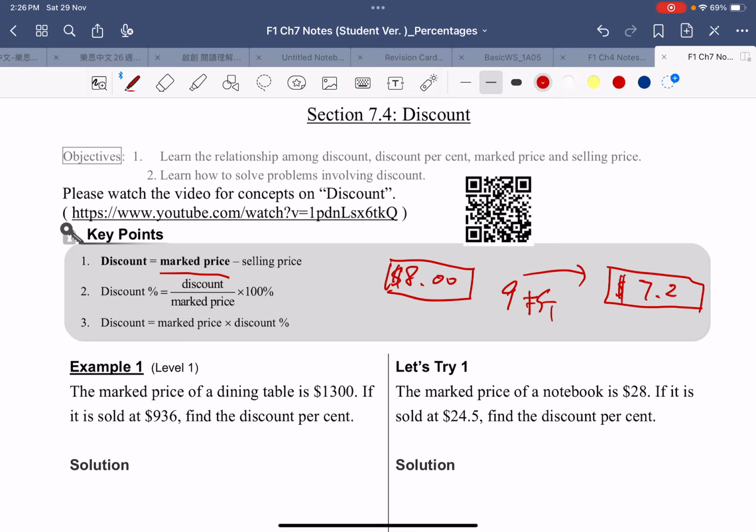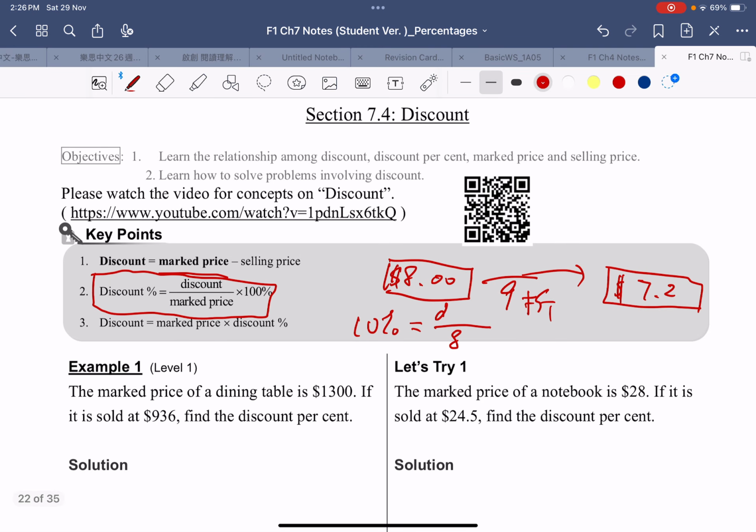So how to think about how to calculate this price? Okay, so the discount percent, this equation, the middle one, I give you the discount percent 10%, and you have the market price $8.